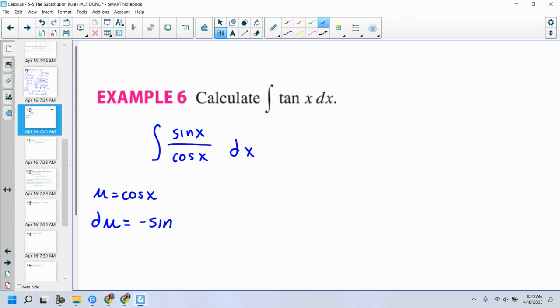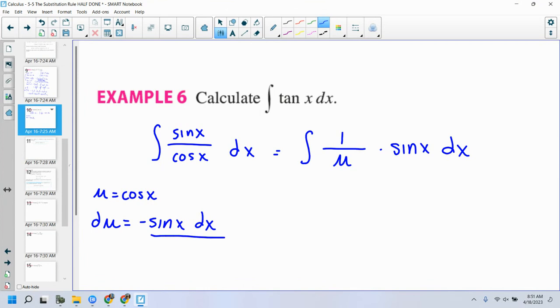Negative sine x dx. Ooh. So this is really, I can get sine out of the numerator just by pushing it off to the right, right? So I can say the integral of 1 over, instead of cosine x, 1 over u, times sine x dx, right?